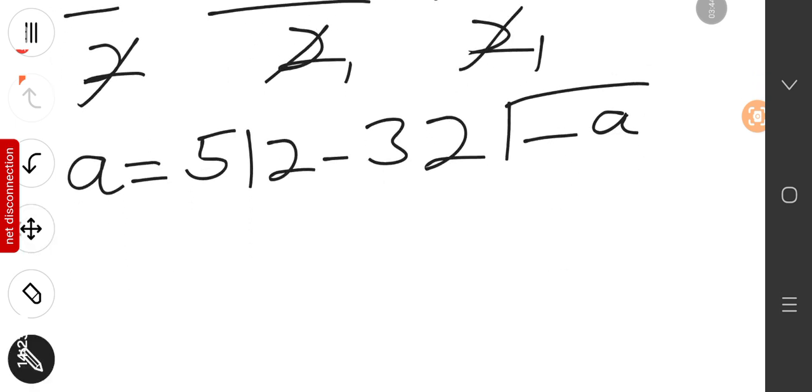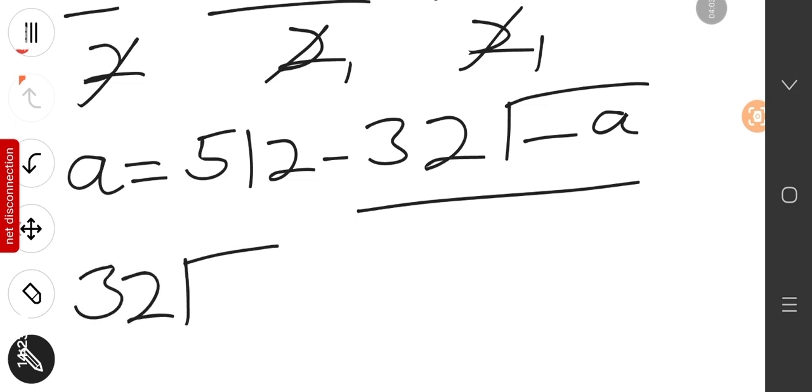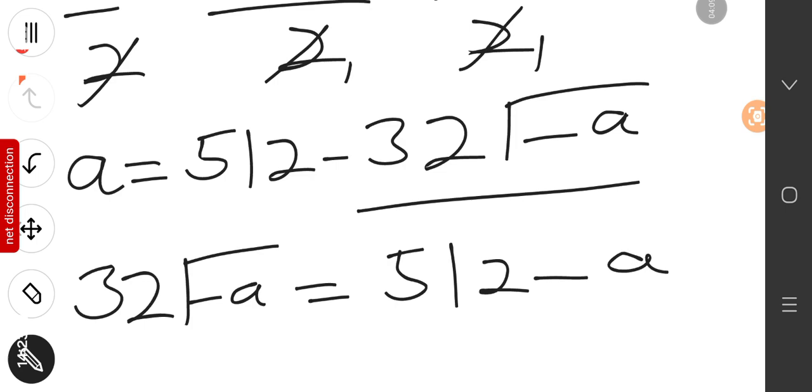Now at this point we want to transpose this part of the equation, minus 32 multiplying the square root of minus a. So we're going to have 32 multiplying the square root of minus a equals 512 minus a.